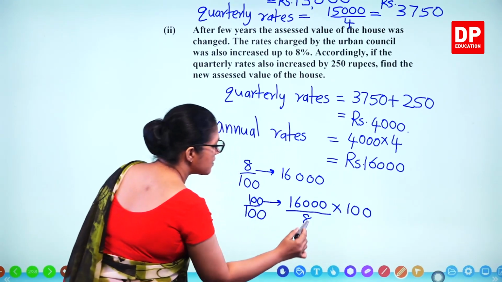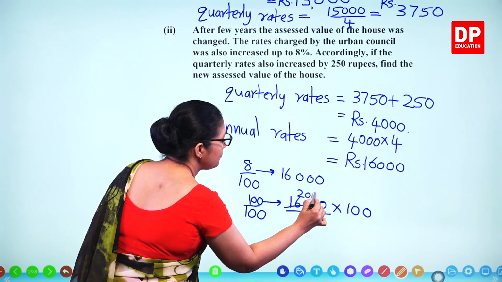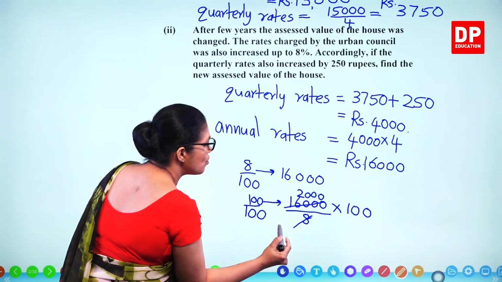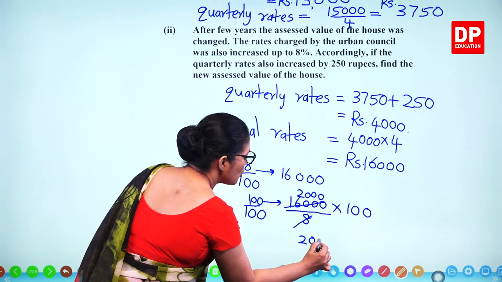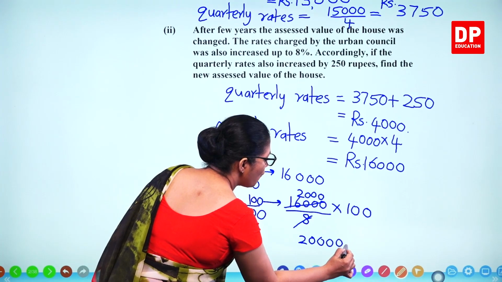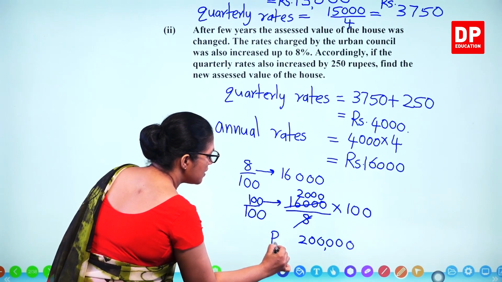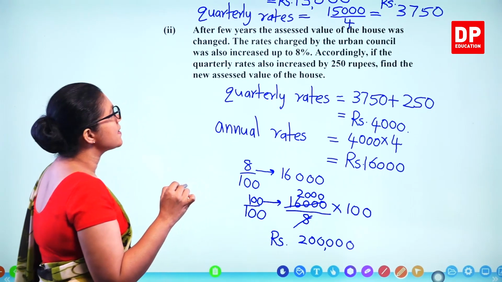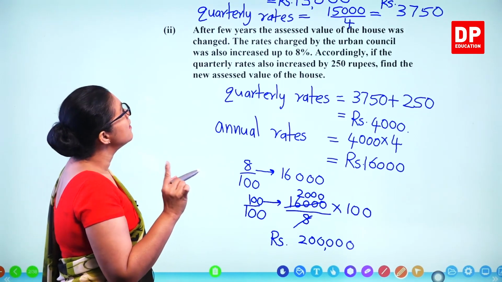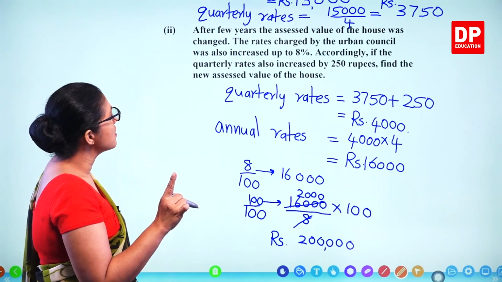That's the assessed value. 2,000 into 100, that's 200,000 rupees. So that's the assessed value of the house.